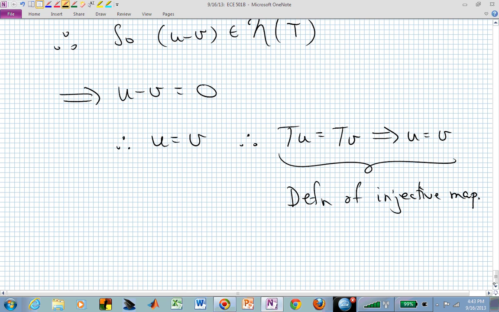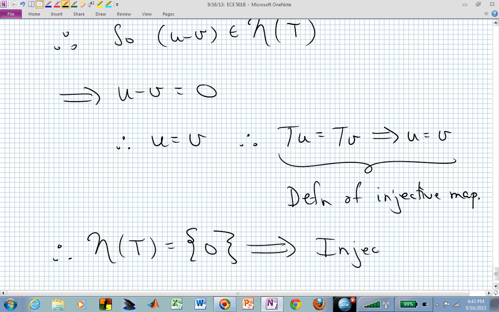And that's the other implication, which means if the null space of T is only the 0 vector, then that implies that T is an injective map.